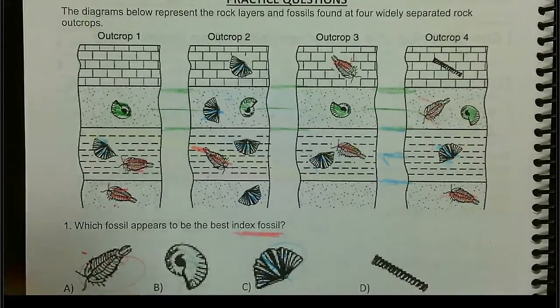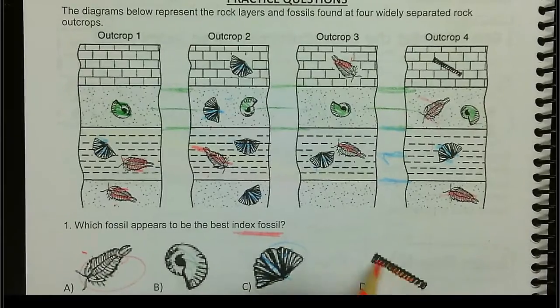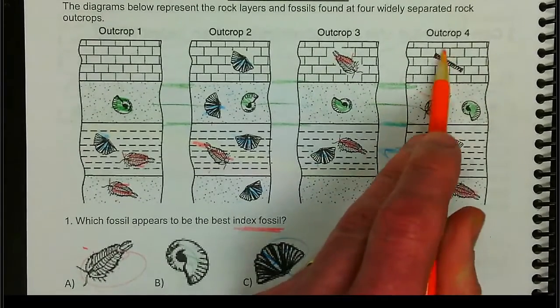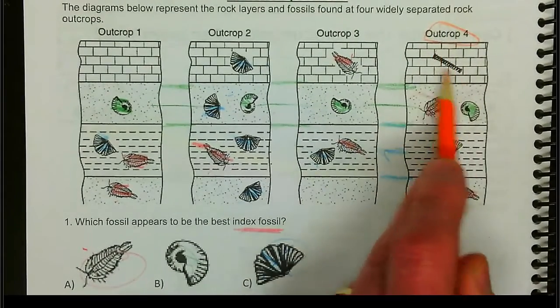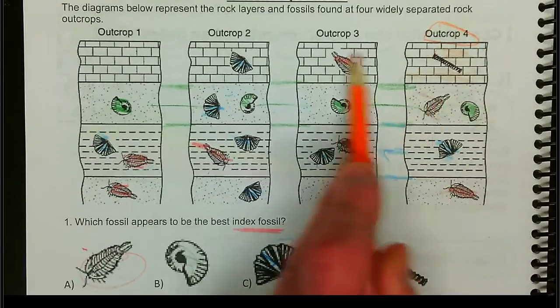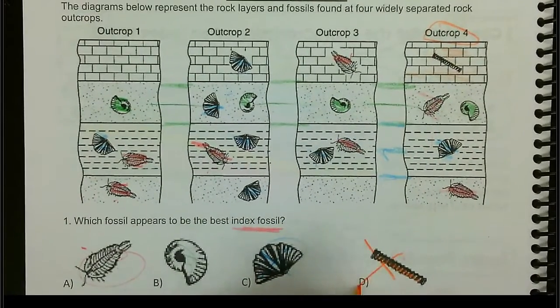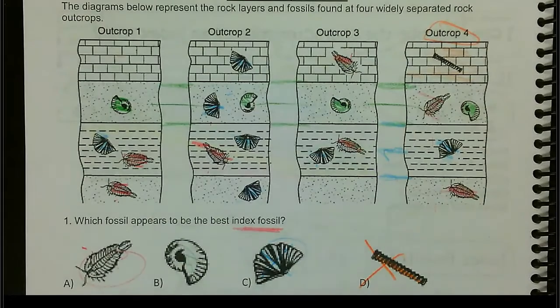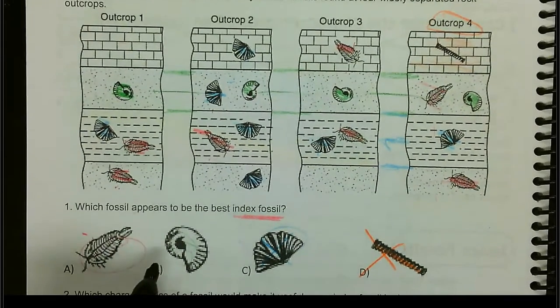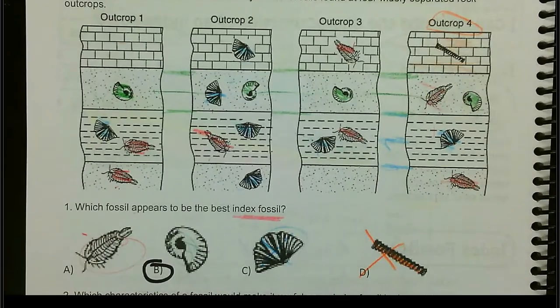And then this last one here, this Tenticulites, which was a type of coral, only exists in outcrop 4. It should live for a short time, which is good, but it doesn't exist in these other outcrops. It's not geographically widespread, so that doesn't help me correlate the layers. So the best index fossil would be choice B.